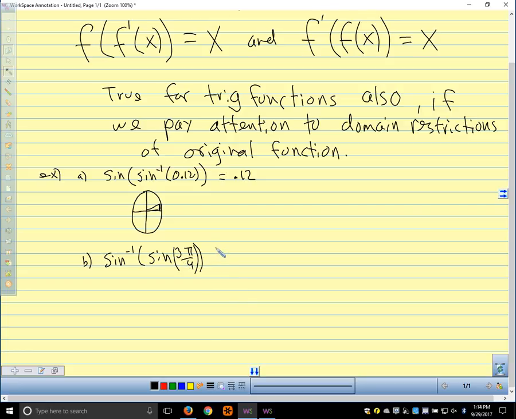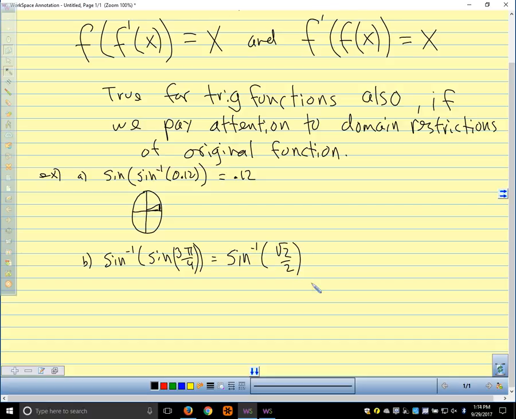The way I suggest that you do that is inside out. So this equals the inverse sine of, what is the sine of 3 pi over 4? Square root of 2 over 2. So that's what we're looking for.